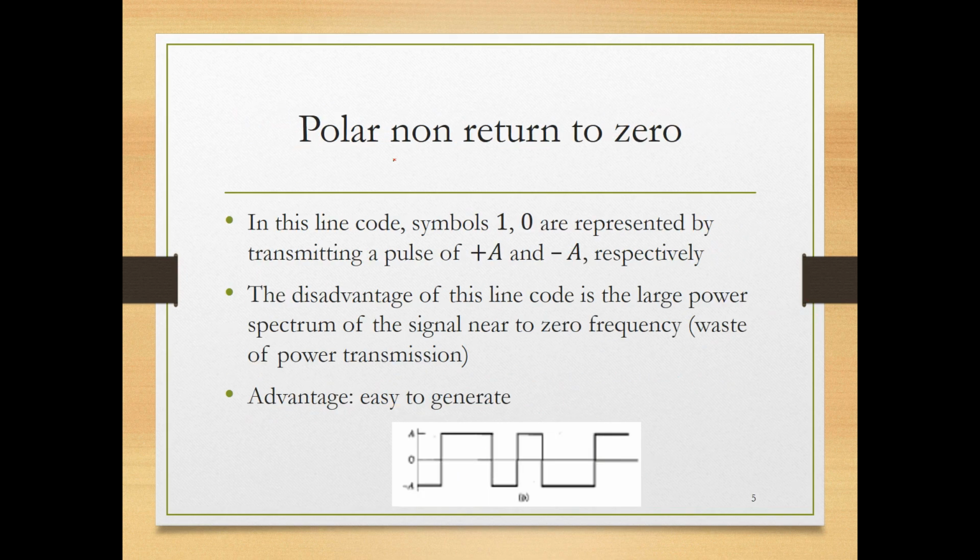Now, the second type of line codes is called polar non-return to zero. Now, from polar, what does this mean? This means that the signal has positive and negative. Yes, polar, because it's polar, two sides. And non-return to zero, also when you represent 1, you are not allowed to go to 0.